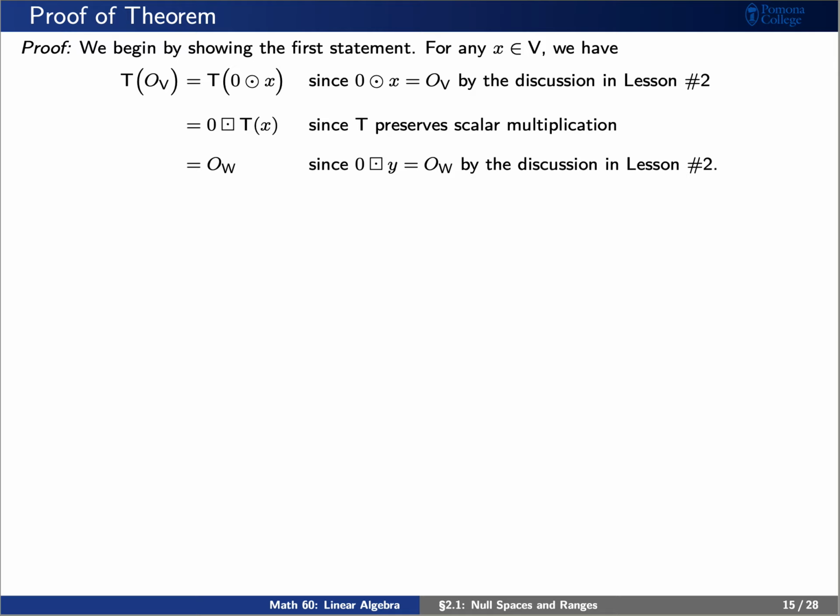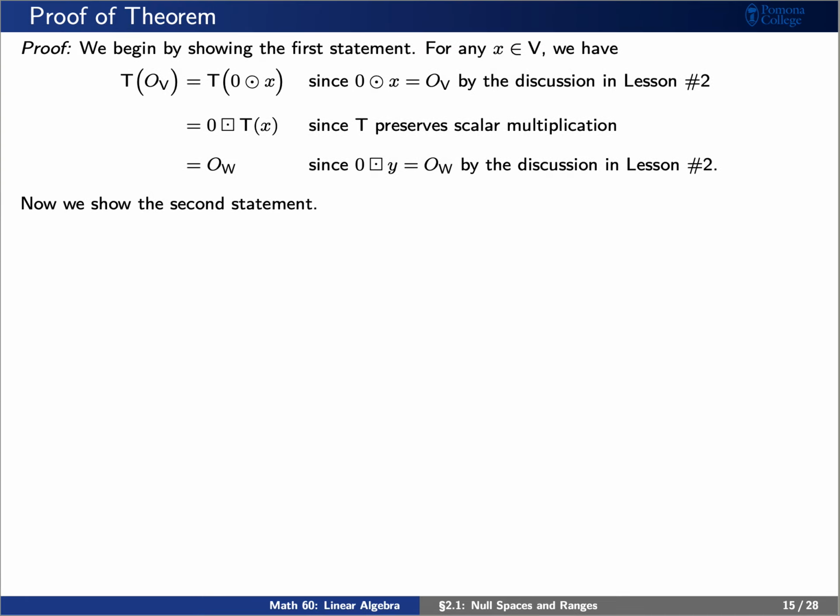We know that our 0 element in V is simply equal to the scalar 0 times the vector x for any x in the vector space V. So, T of 0 times x is 0 times T of x, since our linear transformation is assumed to preserve scalar multiplication. But 0 times any vector is just the 0 vector, so staring at this identity in two different ways, we see that T of the additive identity of V equals the additive identity of W.